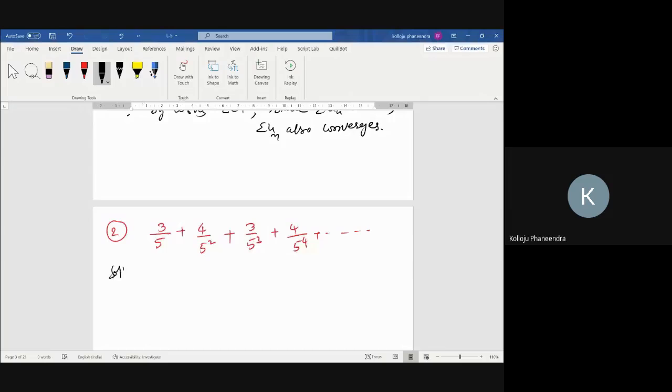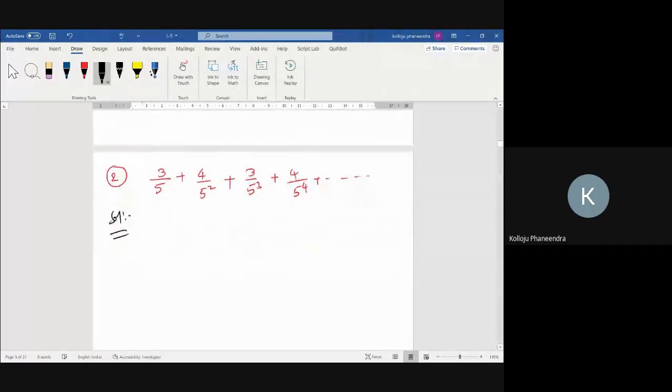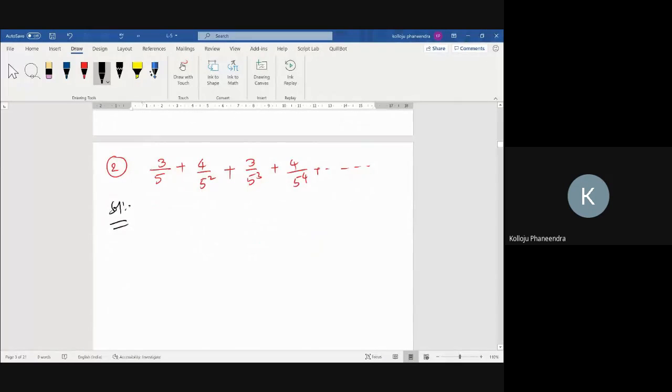No, not like that. See, this is a somewhat different problem, but an easy problem in a different way. What is series sigma un equal to? Not a GP as it is. See, this series has somewhat zigzag terms, right?